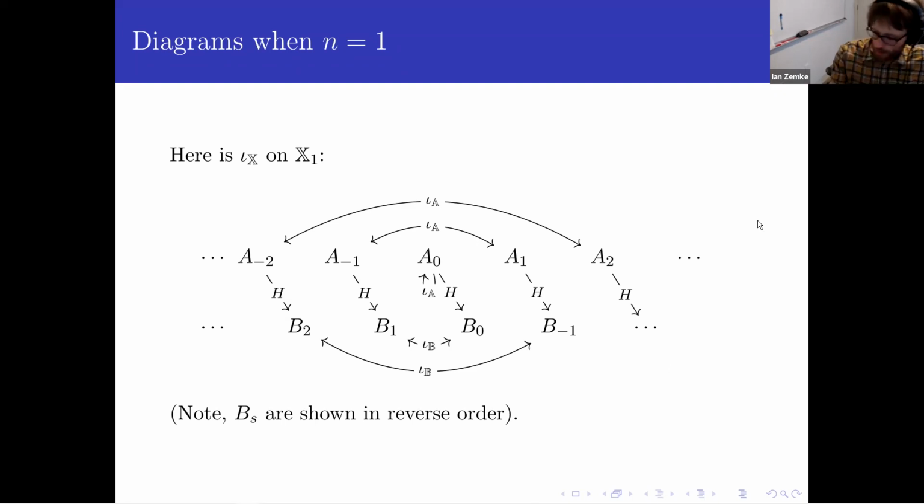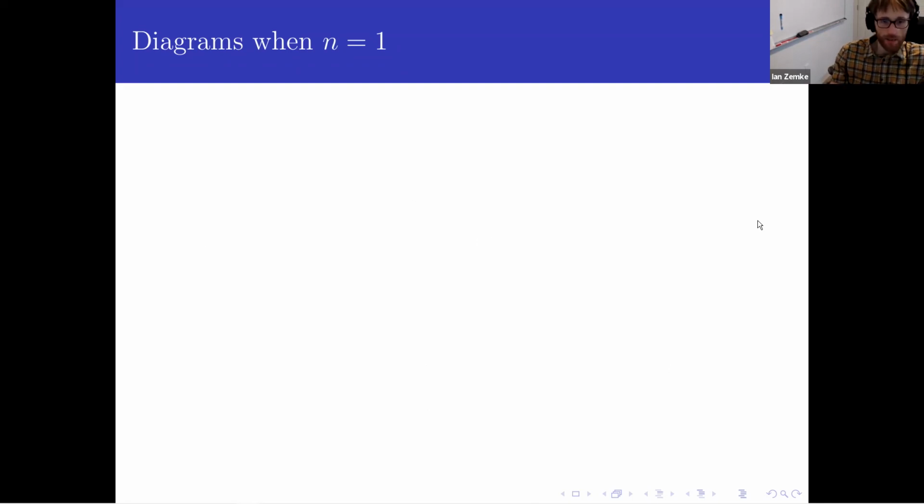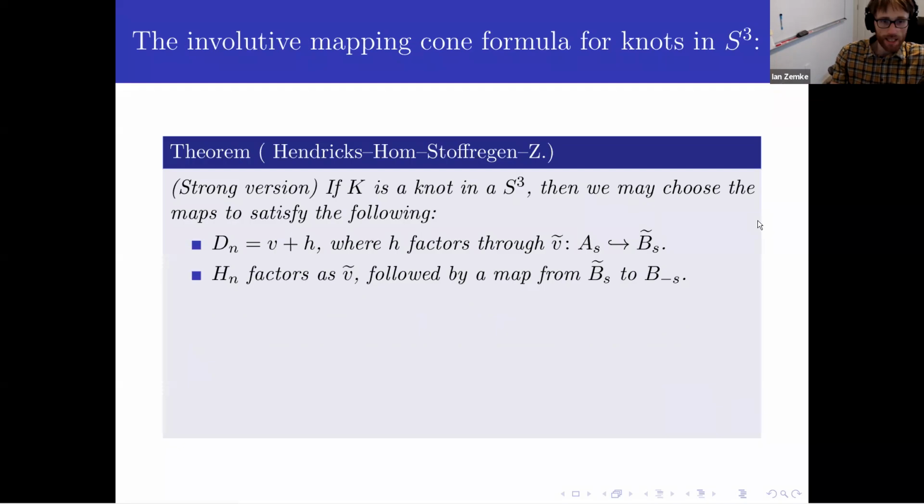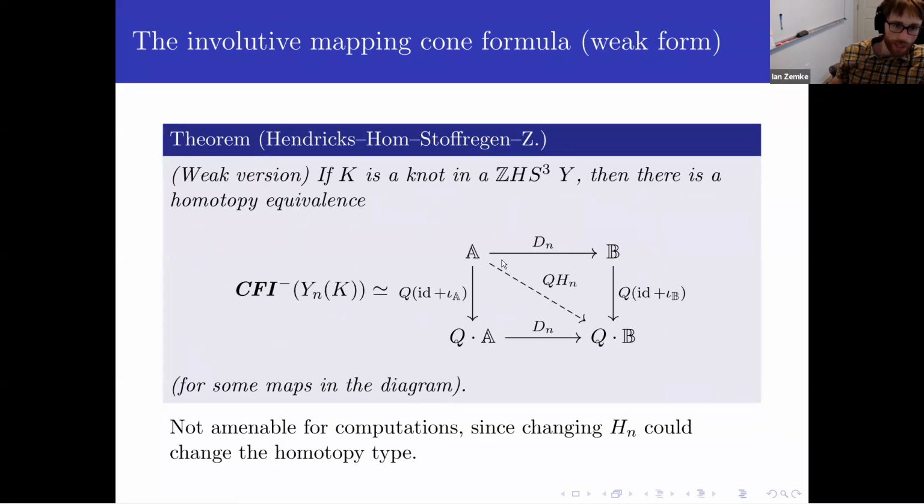Another thing I would like to say, going back a little bit: one thing that's really important to understand when looking at this homotopy is that the Q direction is this vertical direction. So there are two ways to interpret this. One way is that involutive Heegaard Floer homology is isomorphic to some cube that looks like this.